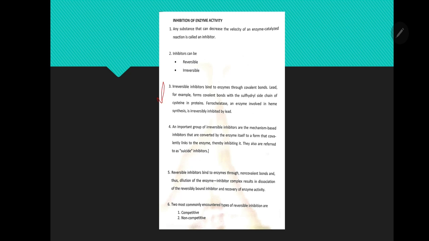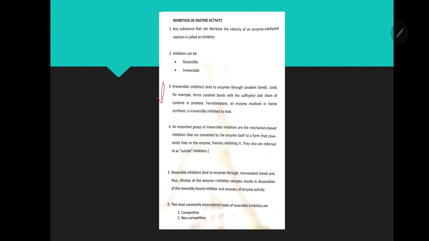If you look into what the irreversible inhibitors are, we can say these bind to the enzyme through covalent bonds. I repeat, the irreversible inhibitors bind to the enzyme through covalent bonding.